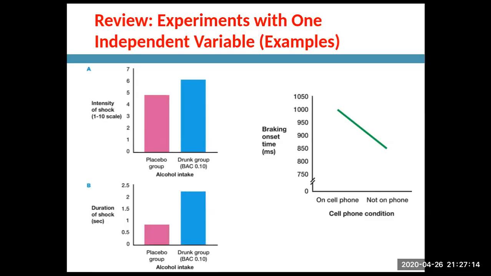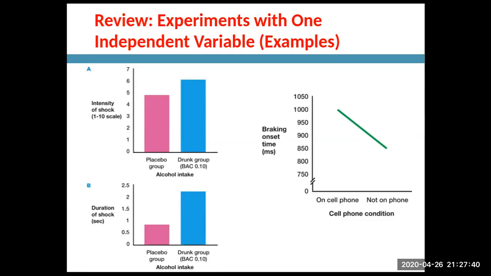So you can see it looks like a significant difference between 4.5 and 6 in terms of intensity. If I was to tell you I was going to give you a shock on a scale of 1 to 10, I would say that 4.5 to 6 is a pretty big jump. So the drunk group showed a significantly higher intensity of shock towards somebody when they were drunk.